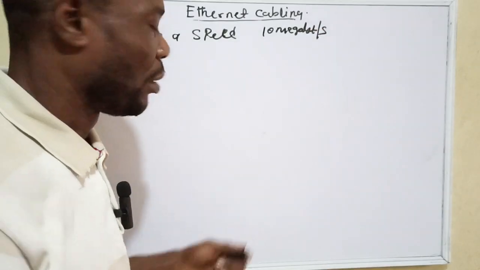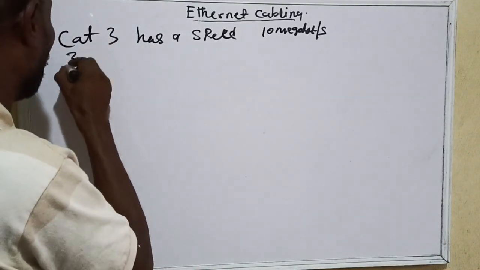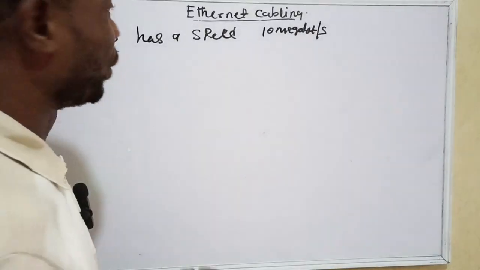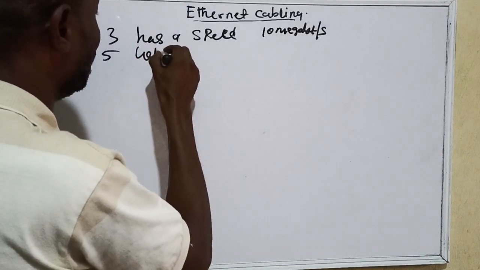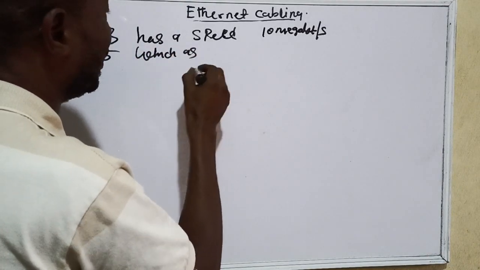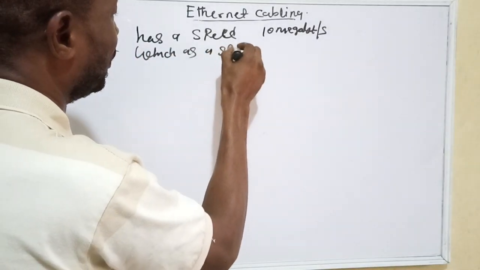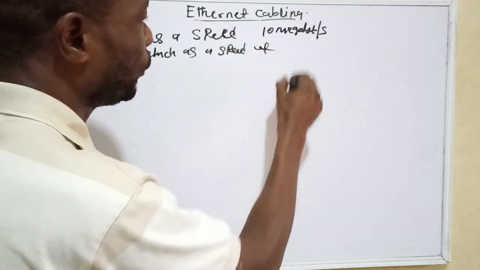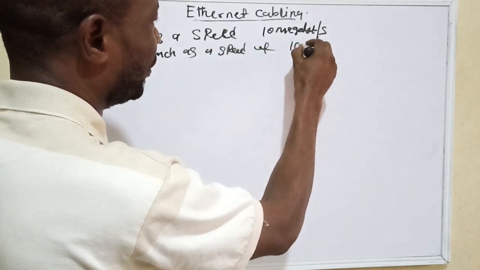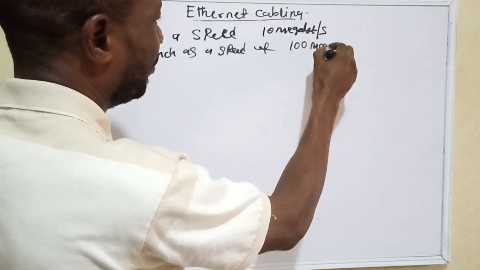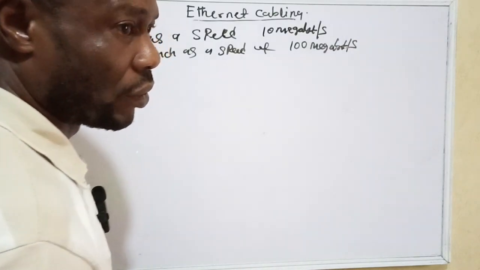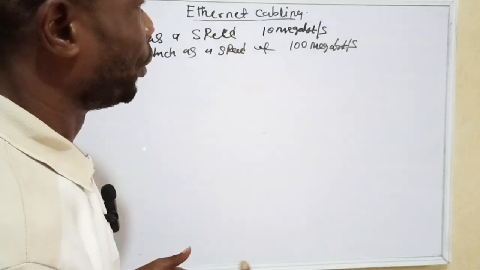Another one is category 5, that's Cat 5, which has a speed of 100 megabits per second.